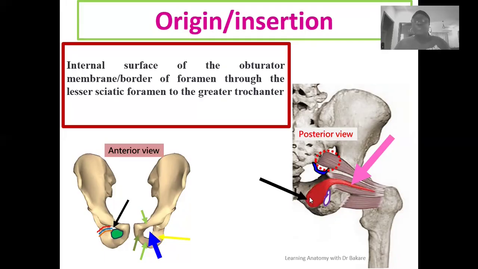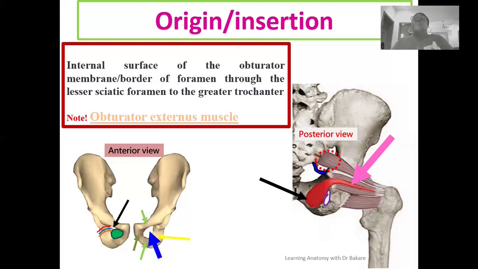It's also important to add that we have the obturator externus muscle. This obturator externus, just as the name implies, is externally placed. It means that the fibers of this muscle originate from the anterior surface or the outer surface of the obturator membrane. And this is why it is referred to as the obturator externus muscle.